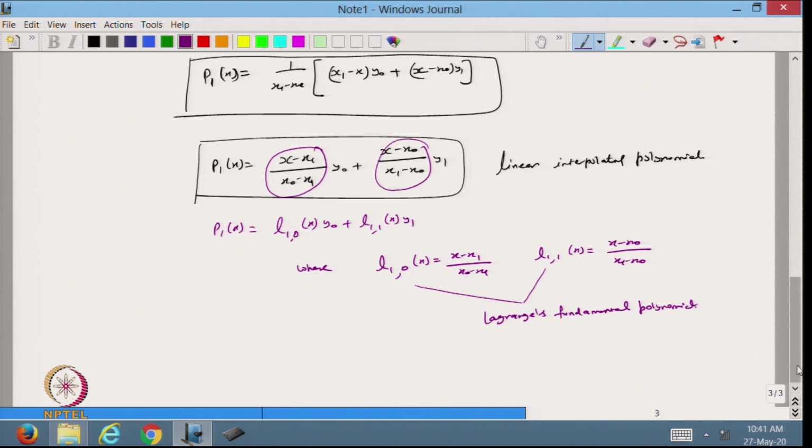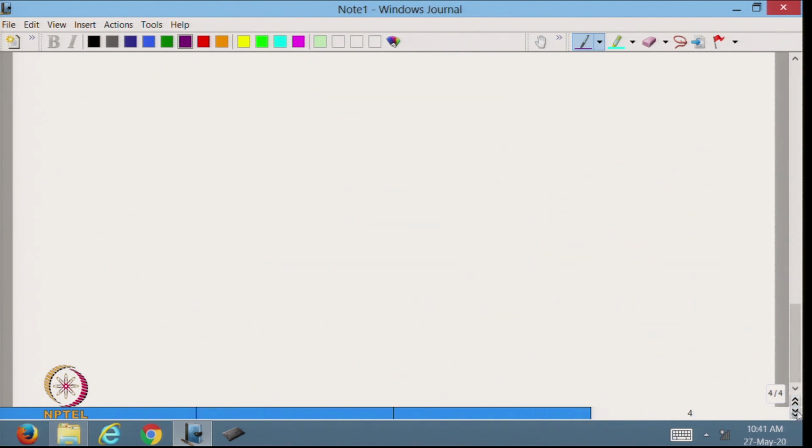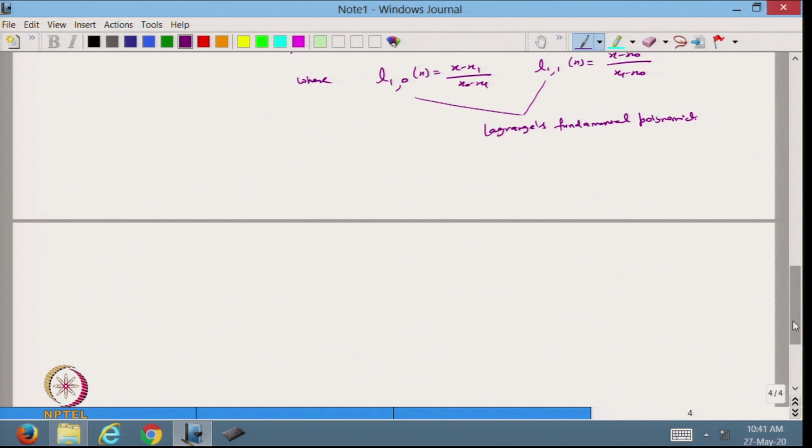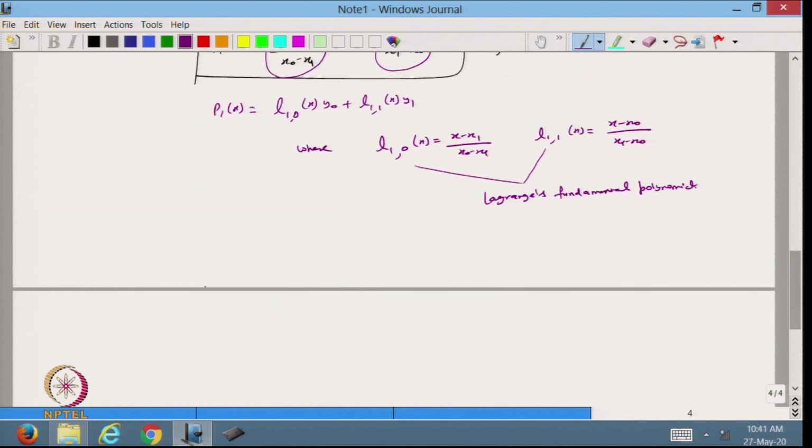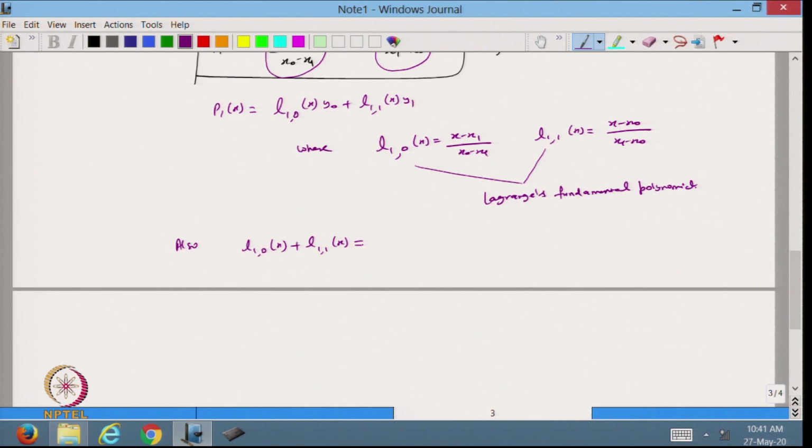So, these fundamental polynomials have some properties. From here I can write that if I add L10(x) plus L11(x) together, I will get x minus x1 divided by x0 minus x1, plus x minus x0 divided by x1 minus x0. Here x1 minus x0 I can take common.